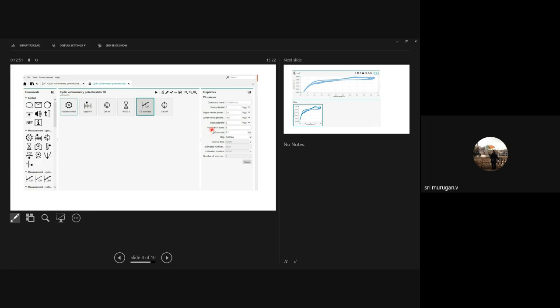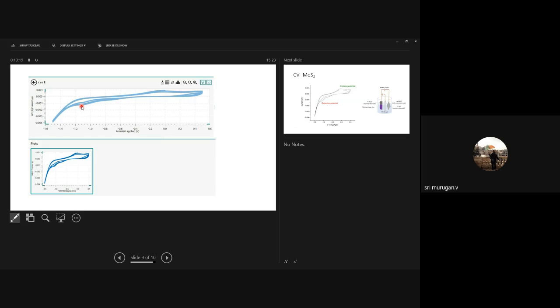So the number of scans should be at least a minimum of 3. Whatever graph you get in the first scan, it tries to disturb, to perturb the system, so you will not get the same graph. So we have to take the reading from the second and third graph.